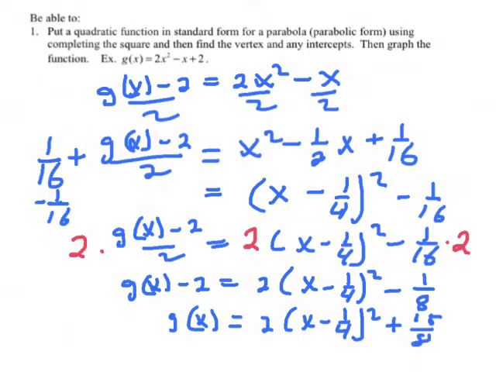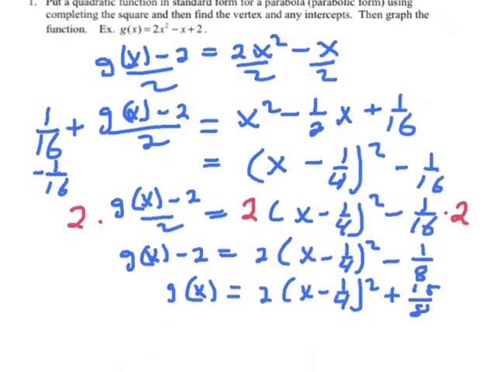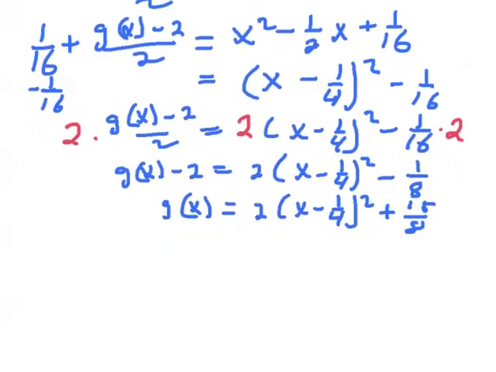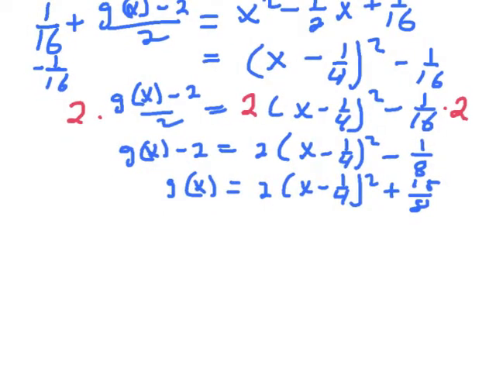Okay, next it tells me that I need to find the zeros, the x and y intercepts. Now, in order to find the x-intercept, I plug 0 in for y and solve for x. So in doing that here, I'm going to plug 0 in here.